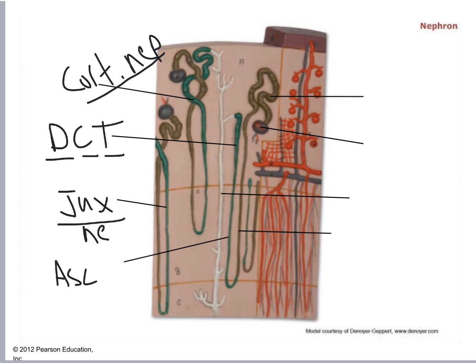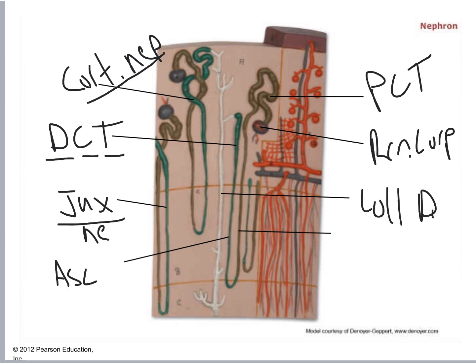Let's go to the right-hand side. The upper line is pointing to the proximal convoluted tubule. All right, the next line is pointing to the renal corpuscle. All right, the next line is pointing to the collecting duct. And then the next line is pointing to the descending limb.